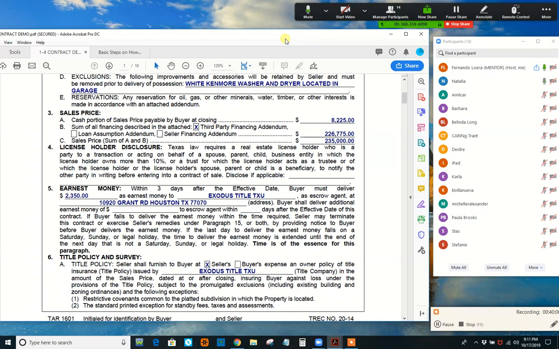No, because once you're in, well, okay, the seller can't change anything, but the buyer can. The buyer can actually switch from FHA to conventional, conventional to FHA. Right. They can switch to cash, but the buyer can do that all day long. The only problem that might happen is they would have to extend their third-party financing addendum. It also slows down your close date.